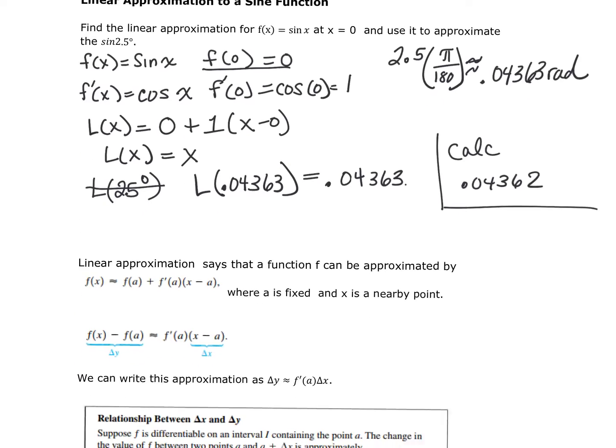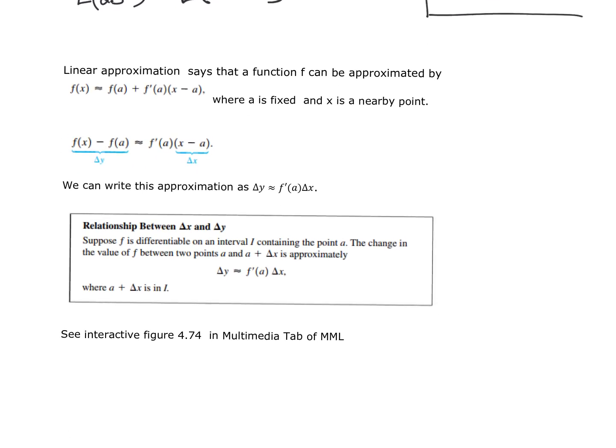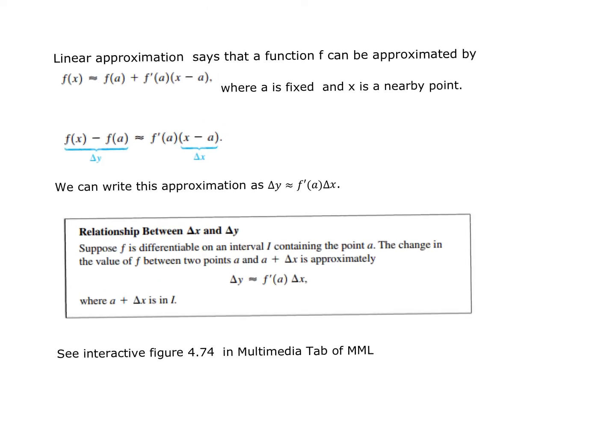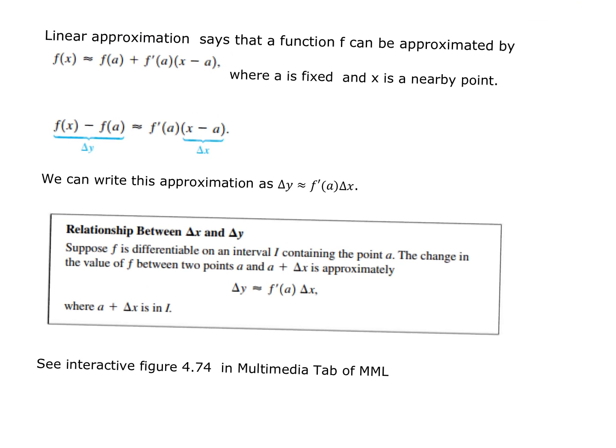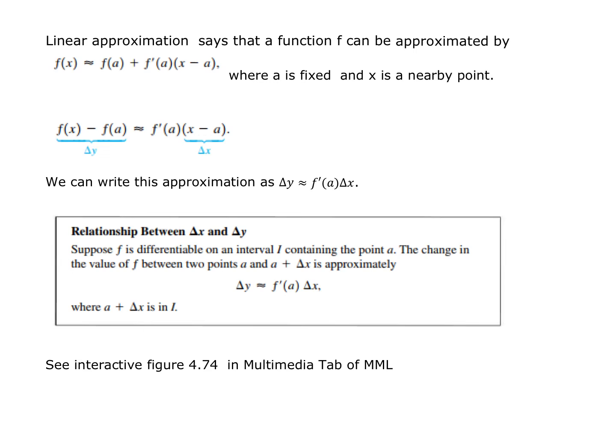All right. Linear approximation says that a function can be approximated by L of x. In other words, the function value can be approximated by L of x, where a is fixed and x is a nearby point. If we look at this, the difference, f of x minus f of a, is what we call a change in y.